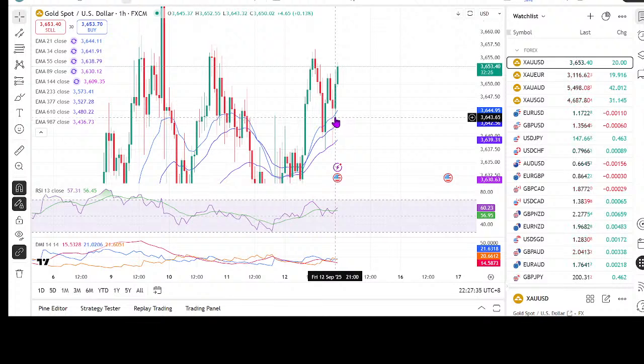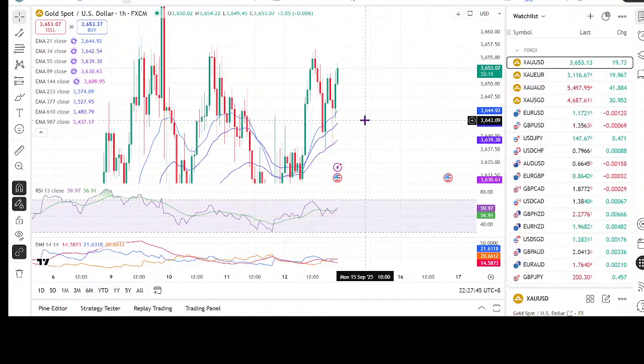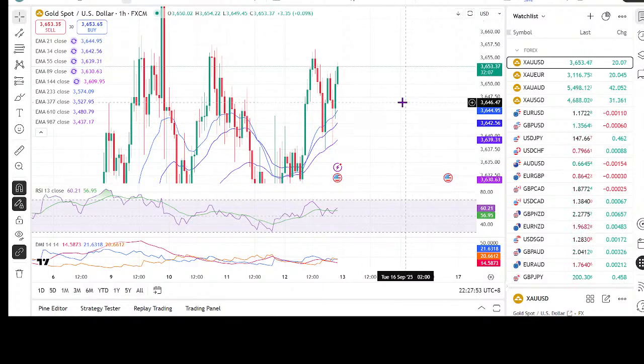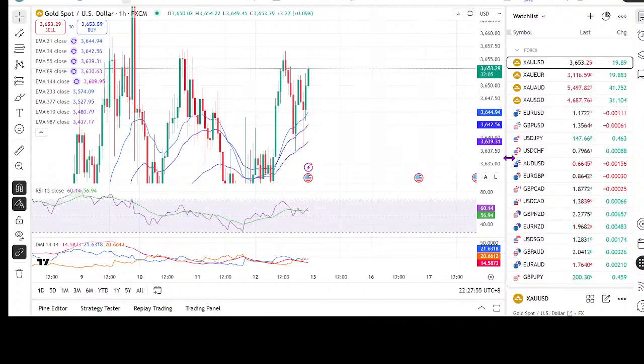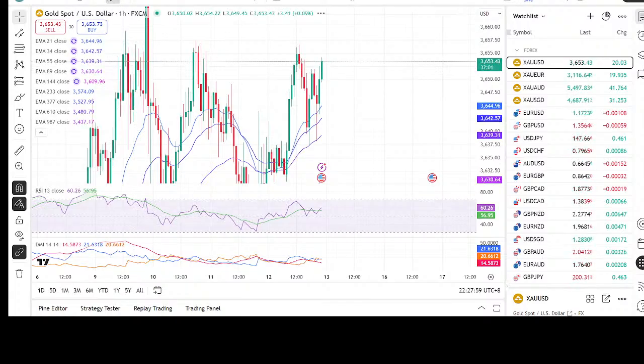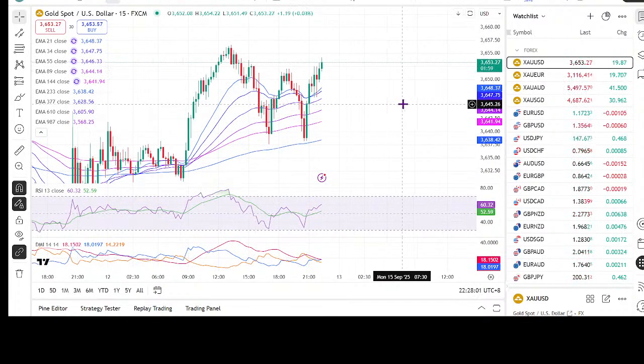And from 9:30, probably about a $10 move, and still we are stuck in a range. So I don't think we will be seeing any big move. Maybe we just have to wait. Okay, I think that's about it.